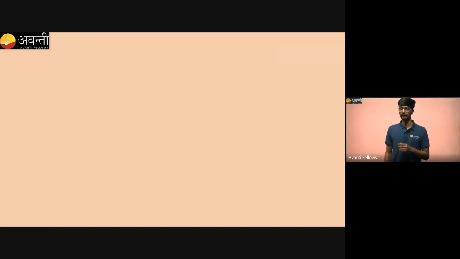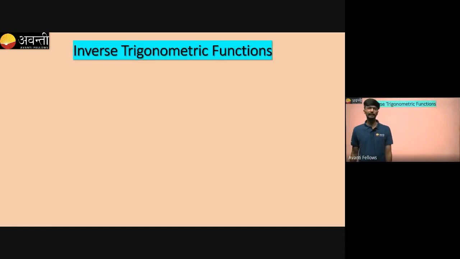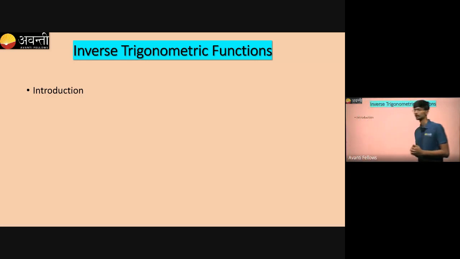So, let's start now. Before going into the chapter, let me show you what we'll be covering in this topic. First, we'll start with an introduction: what is meant by inverse functions.